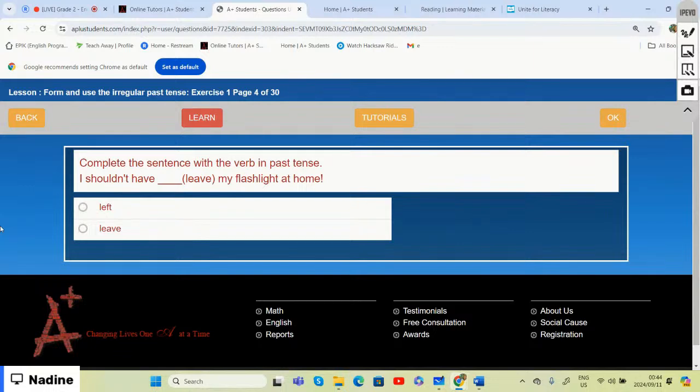So I shouldn't have left my flashlight at home, option one. Or do we say I shouldn't have leave my flashlight at home, option two? Which one is correct? The past tense form of that verb.